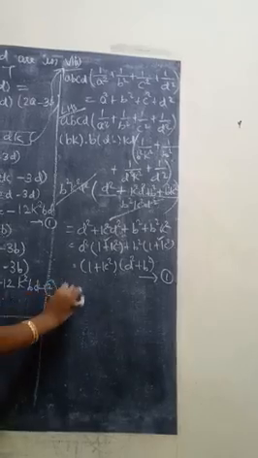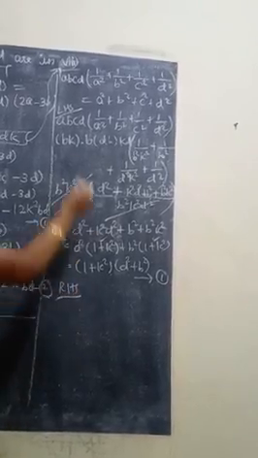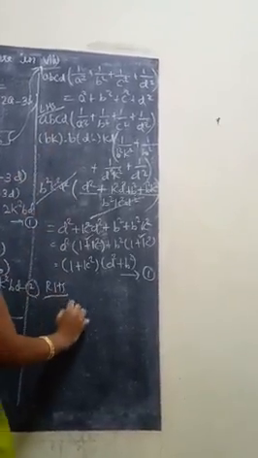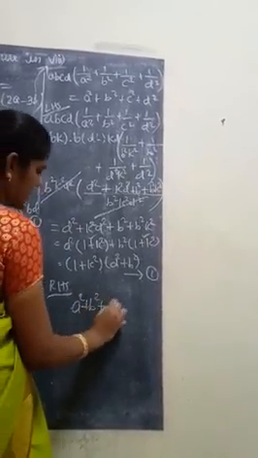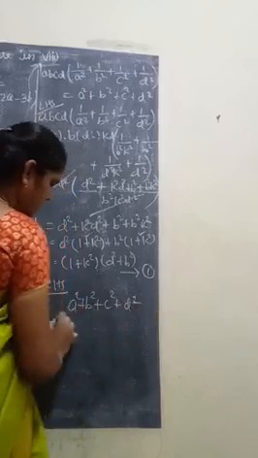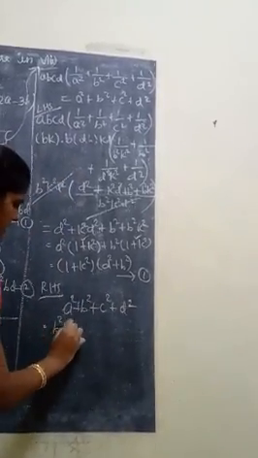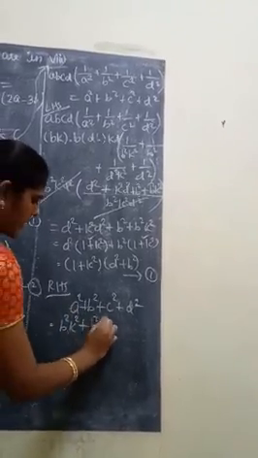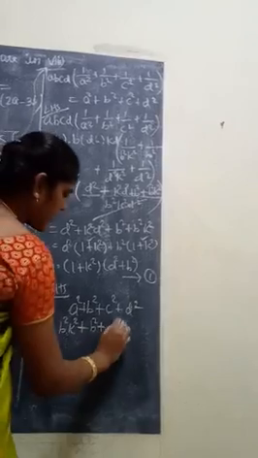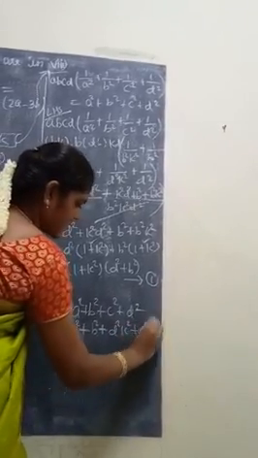Next, come to right hand side. What is right hand side? A square plus B square plus C square plus D square. What is A value? A equal to BK. So B square K square plus D square. What is C value? DK. So D square K square plus D square.